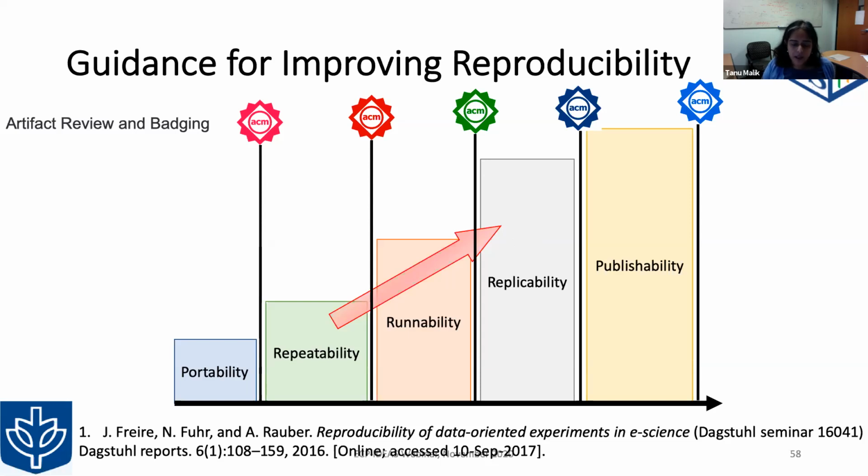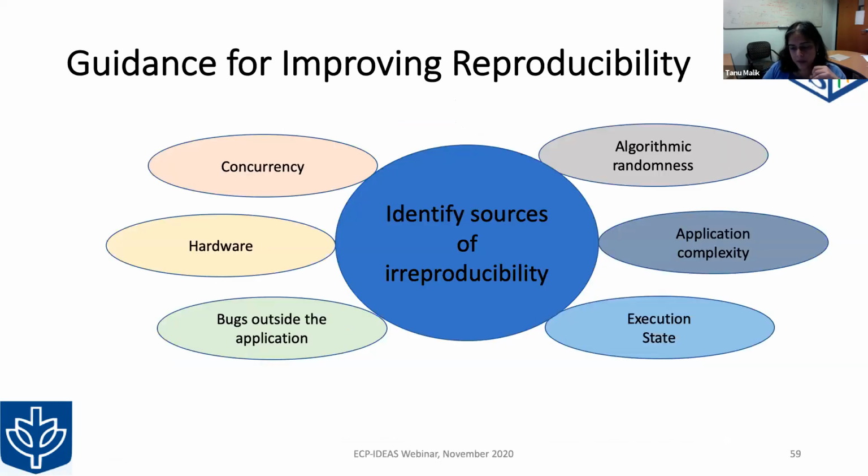What we need from a technical debt perspective is that we need to identify what are our sources of irreproducibility. Technical debt is a broad software engineering term. We have to identify what part of technical debt applies to the area of reproducibility. And for that, according to me, we have to start from identifying our sources of irreproducibility. They can be multiple, like concurrency, hardware.